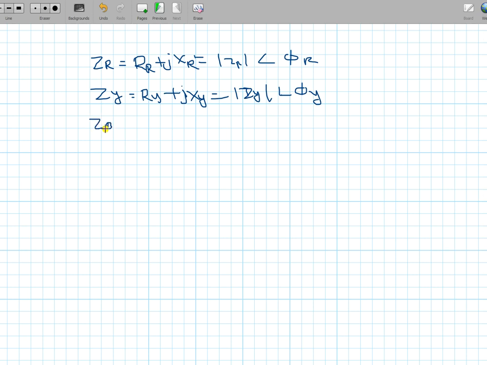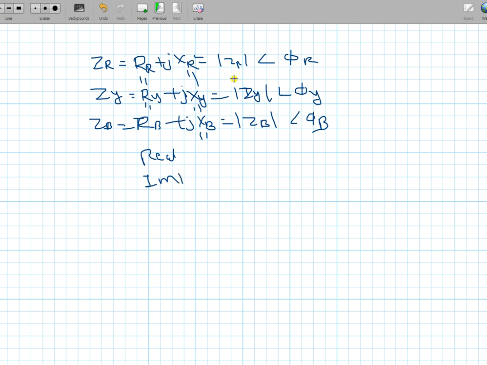The B phase load can be represented as RB plus jXB, that is mod of ZB at an angle of phi b. The load is said to be balanced if all these resistances are equal and all reactances are equal. Both should be satisfied. That is, in this complex number, all real values must be equal and all imaginary values must be equal.